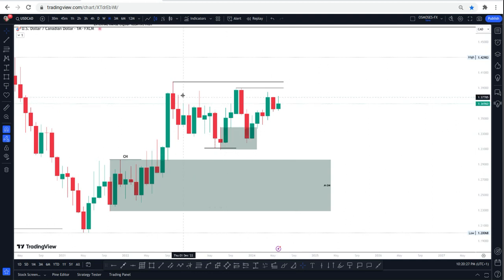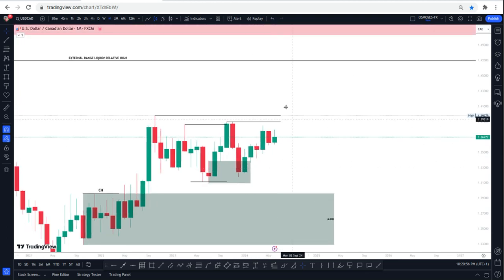So the sweep, we have price taking out this high. So price did that. Price rested this zone and we pushed. So we have to complete these two zones.